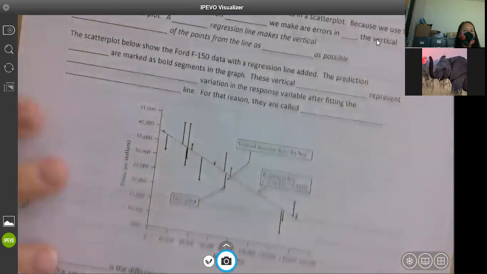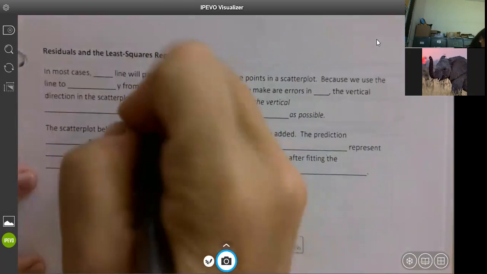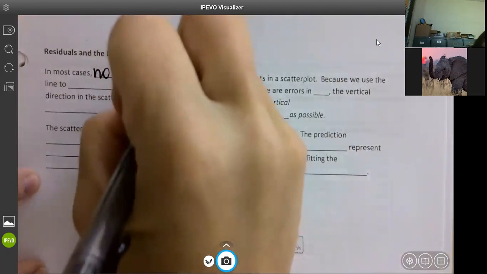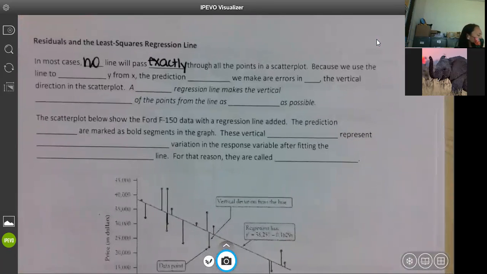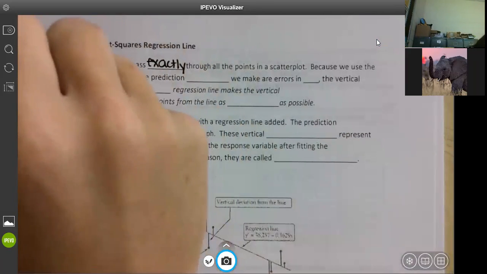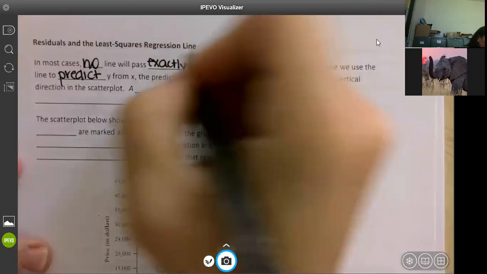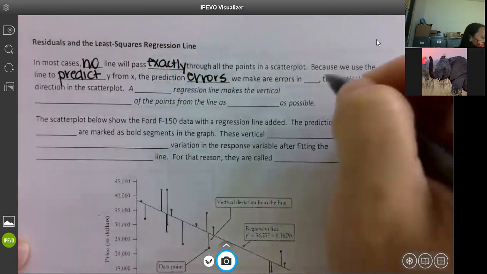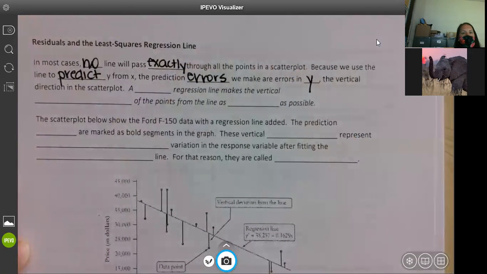So, residuals in the least squares regression line. In most cases, no line will pass exactly through all the points in a scatter plot. Because we use the line to predict y from x, the prediction errors we make are errors in y, the vertical direction in the scatter plot.